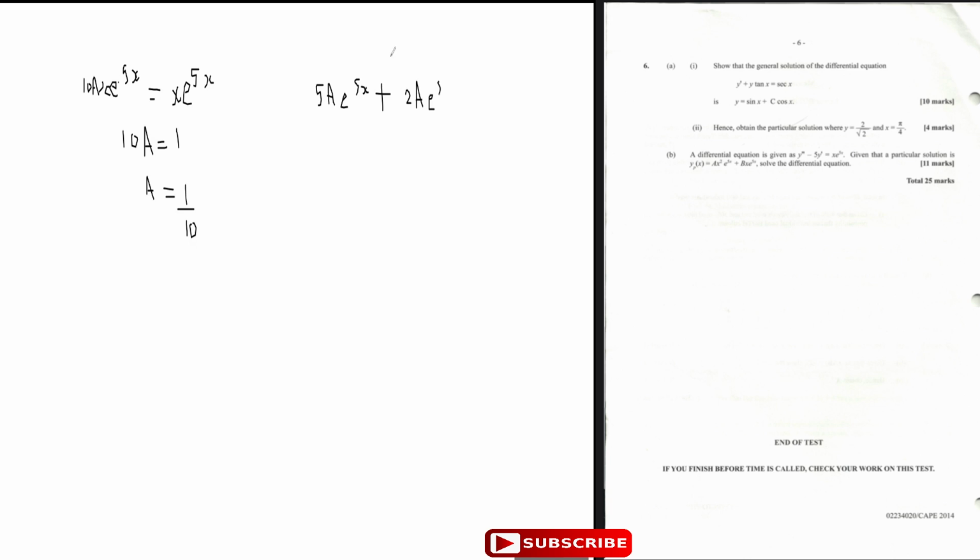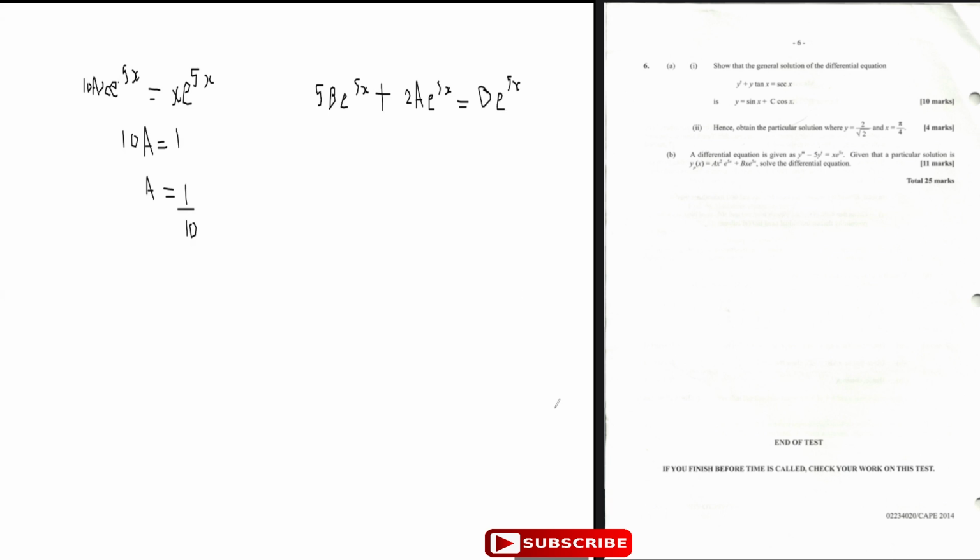This is supposed to be b, so change that to b. And you might wonder where the 0 comes from. It's actually saying that this is equal to 0 times e to the 5x. That's where the 0 comes from.